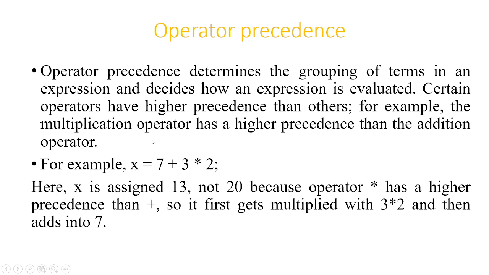So this is called precedence determination. The operator precedence determines the grouping of items in an expression and decides how the expression is evaluated. So the higher precedence operators are executed first and then the lower precedence operators are executed later.